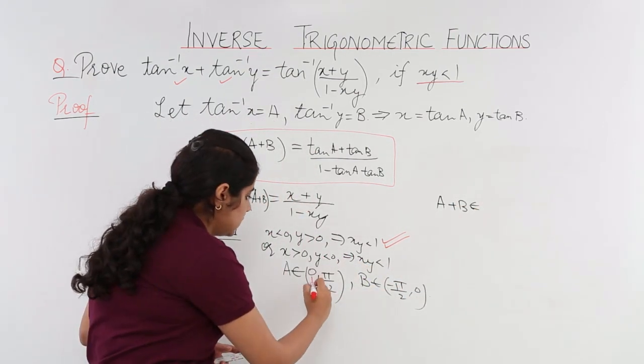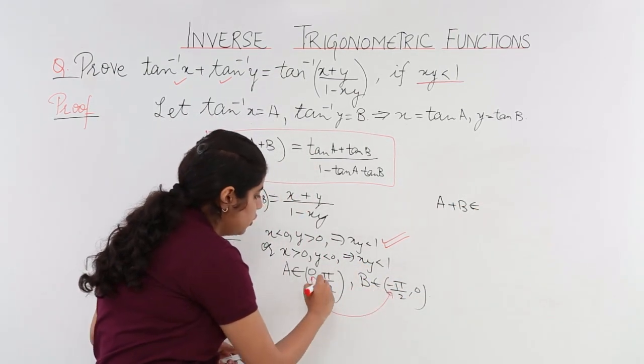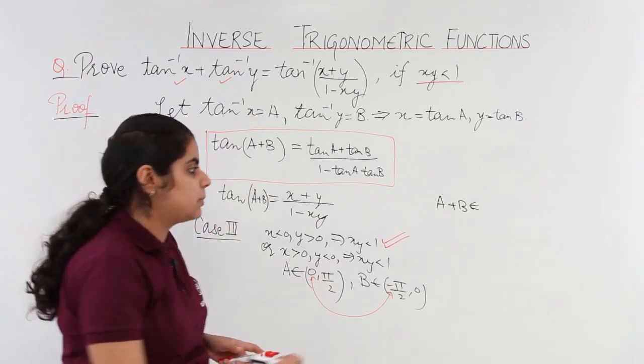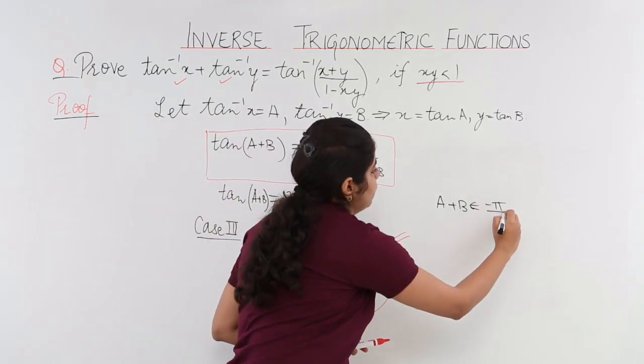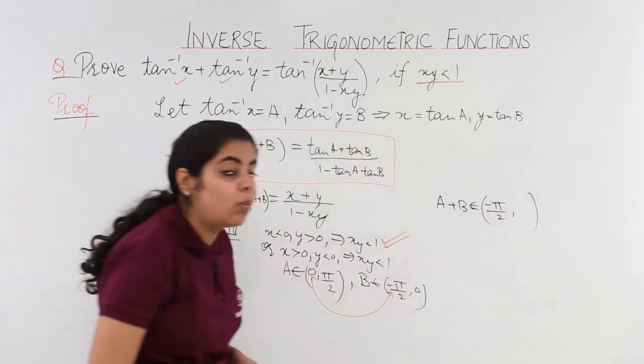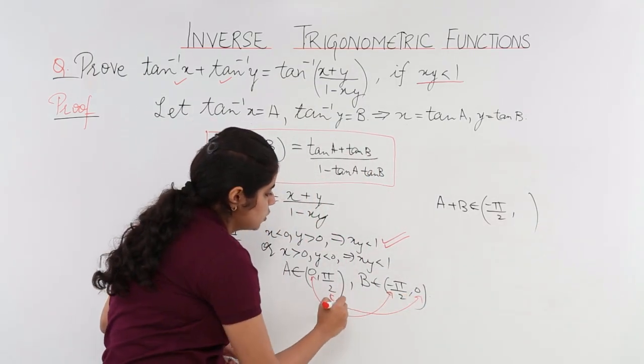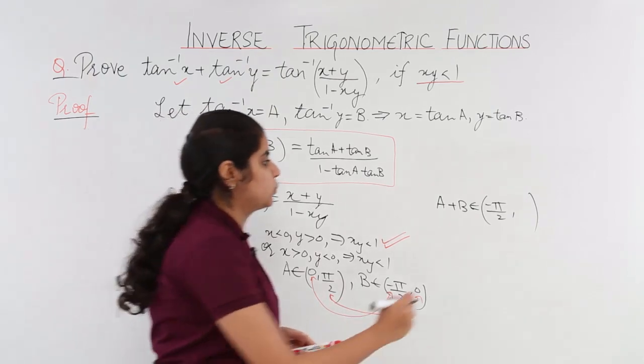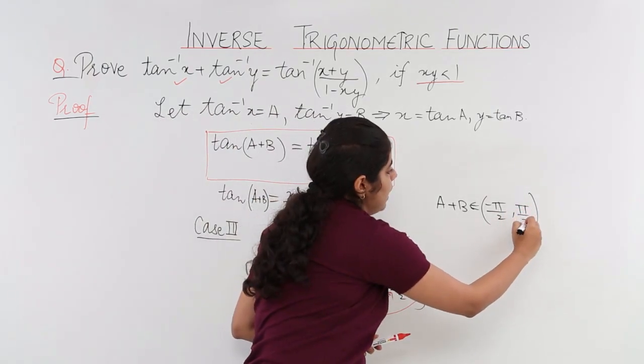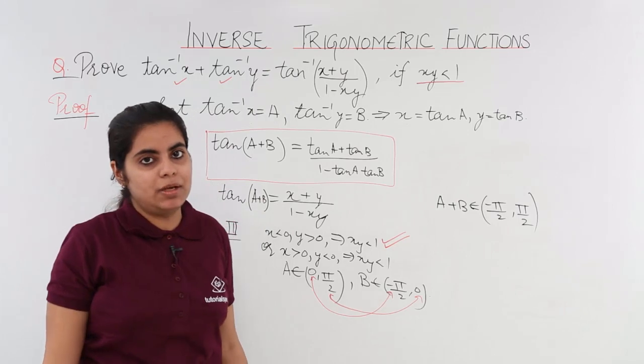A is first thing, b is second thing. 0 plus minus pi by 2 is minus pi by 2. What next? Pi by 2 here and 0 here. So pi by 2 plus 0 gives me pi by 2. So it lies from minus pi by 2 to pi by 2.